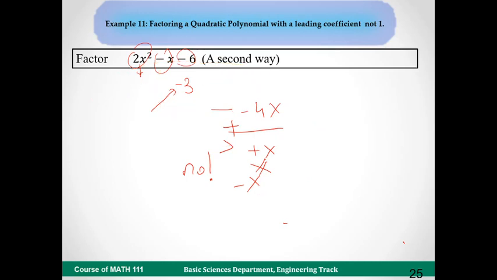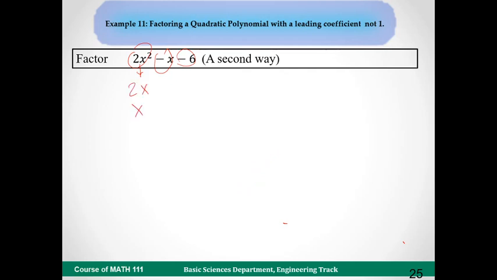So again, choose another, but we are close. In this case, we have 2 or 3 and it will work somehow. How about making this negative 2 and this one plus 3? Let's check.